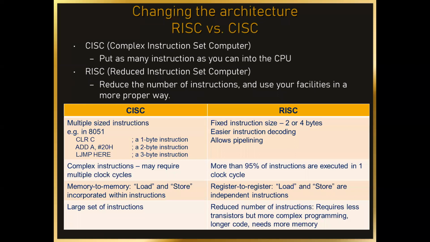And finally, for this lecture, let's talk about the two types of computer architecture. So there are two. One is called the complex instruction set computer, CISC, and the other one is called the reduced instruction set computer, RISC. Now, what are these two architectures? So they are, as the names represent, two different ways to create a computer.